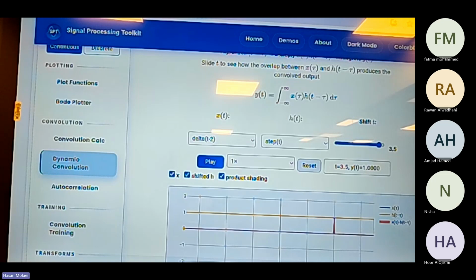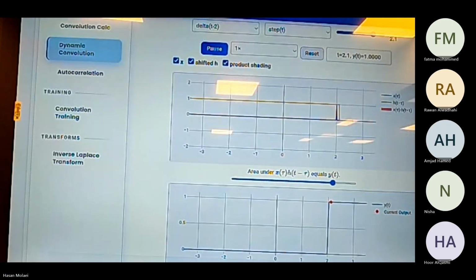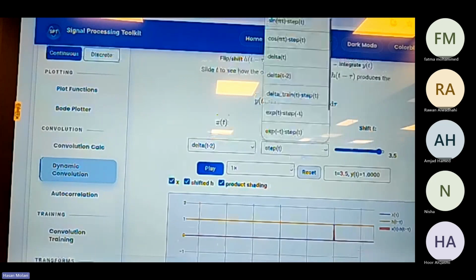The first part was true: anything with delta is anything. Now step with delta, the result would be a step. But delta has a time shift, so it will be a shift to the right. It should be a step shifted by two units.